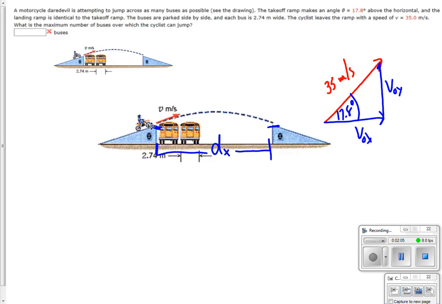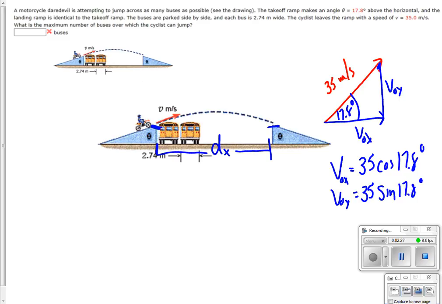So we're going to resolve that vector first, do a little bit of trig. That means V initial in the x direction would be 35 cosine of 17.8, and V initial in the y direction is going to be 35 sine of 17.8. All we're doing is breaking the 35 into two independent, perpendicular x and y components.